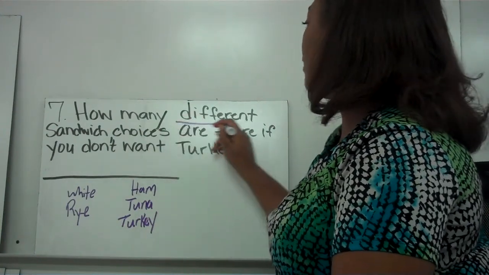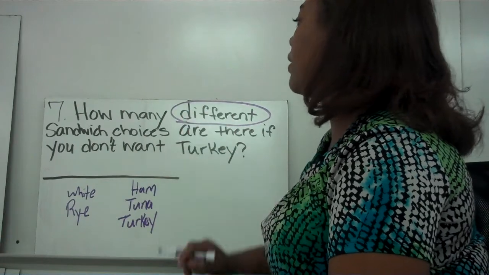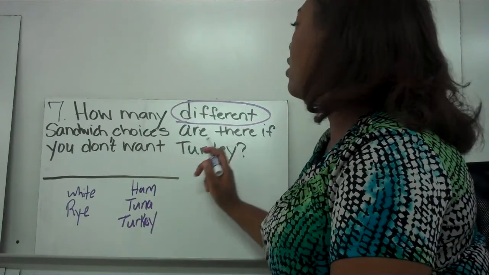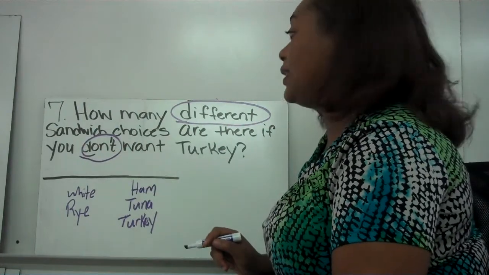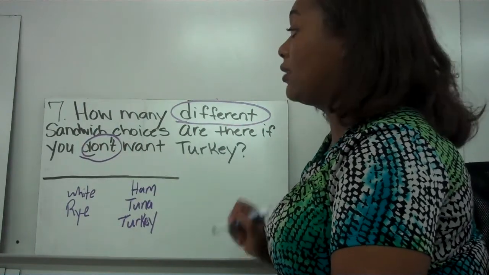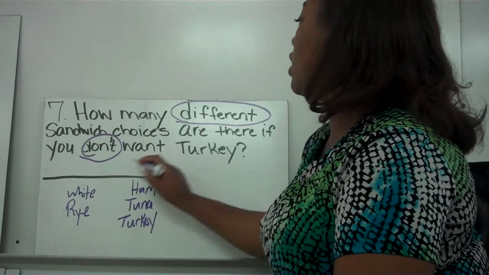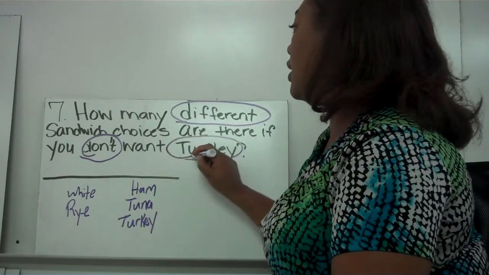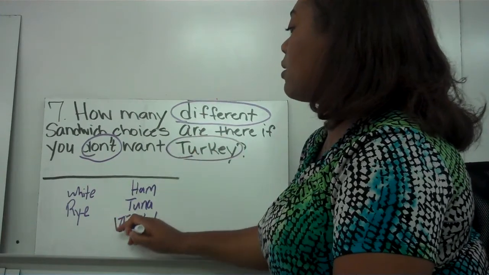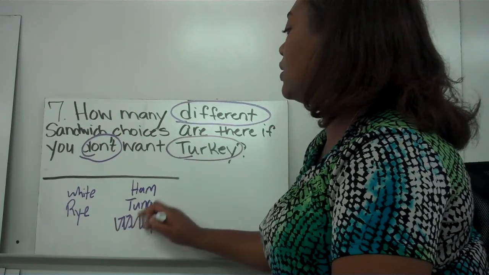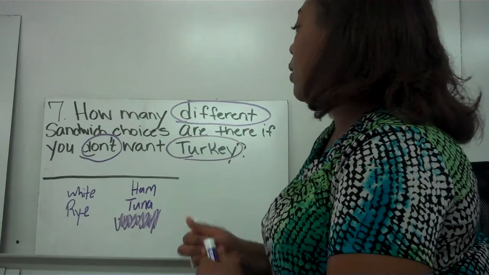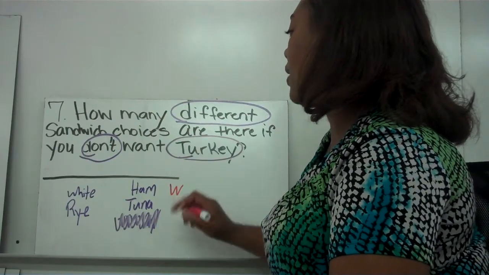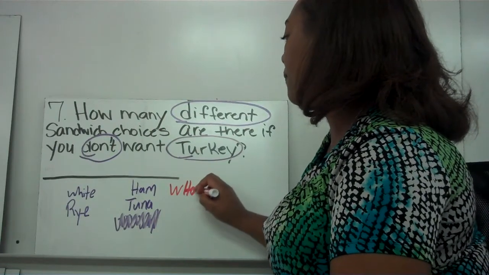How many different, I'm going to go back and circle my keywords, sandwich choices are there if we don't? Don't is a keyword because it tells me not to use or not to do something. So if we don't want turkey, I'm going to mark out turkey because they want to know how many choices you can make if you don't use turkey. Okay, so let's look. We can have white bread with ham.